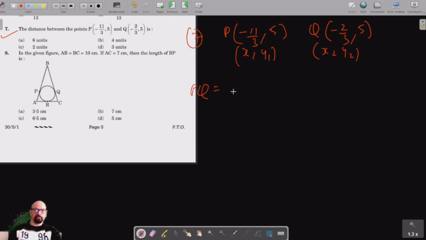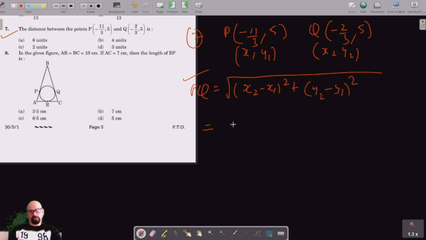So the distance between P and Q is PQ, which is the square root of x2 minus x1 the whole square plus y2 minus y1 the whole square.